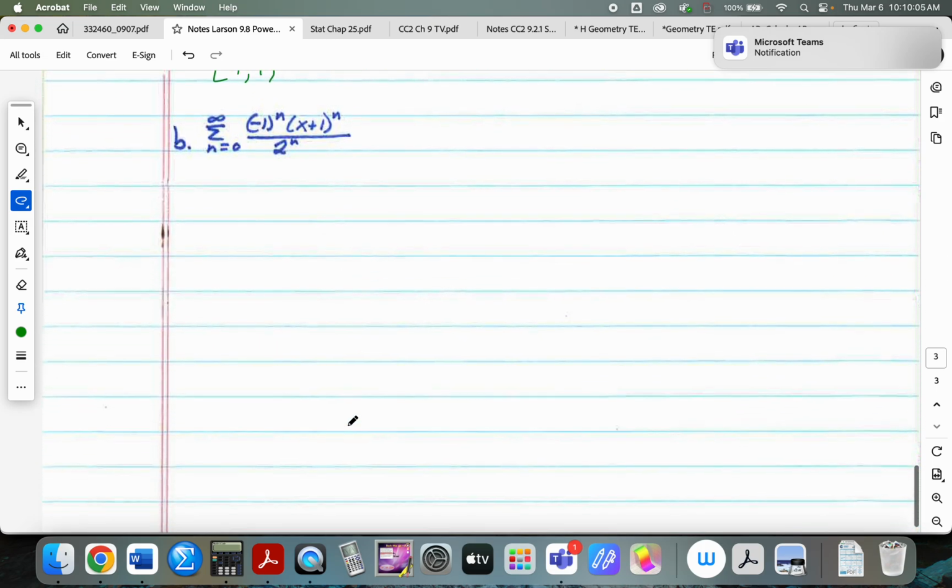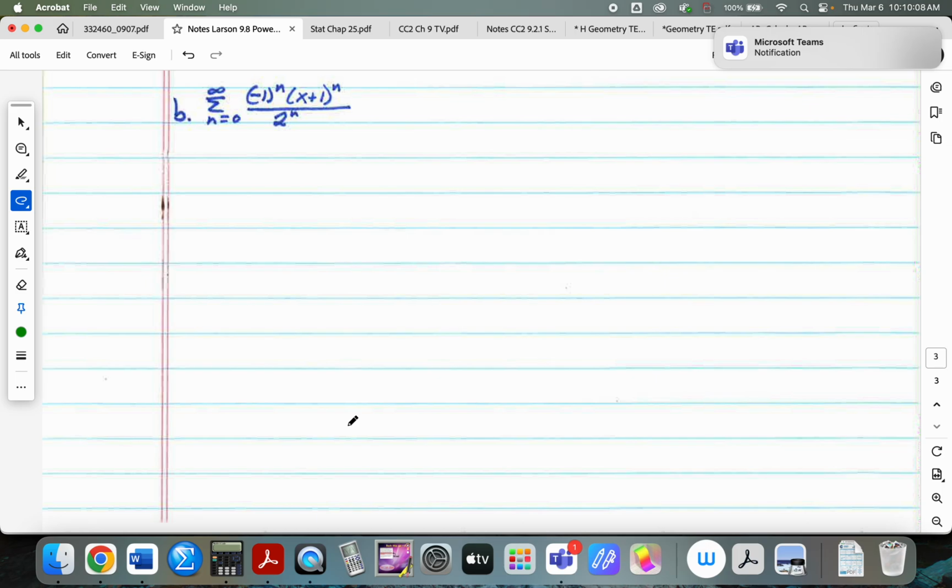All right, let's take a look at this last one. I'm just noticing that every single power there is the nth power. You want to do the nth root test?